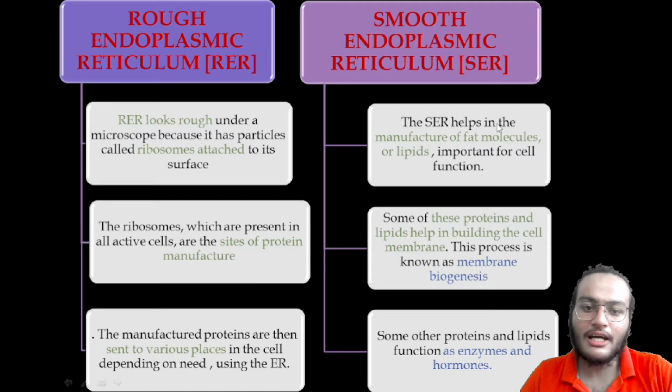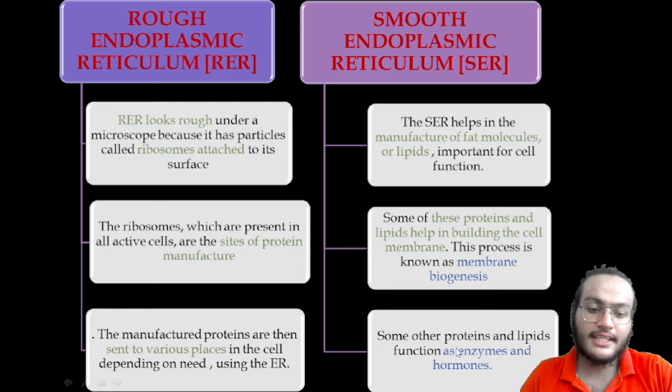Next, we will talk about smooth endoplasmic reticulum. The smooth endoplasmic reticulum is the site of manufacture of fat molecules or lipids. These are important for cell function, and some of these proteins and lipids help the cell build up its own membrane. This process is known as membrane biogenesis, manufacturing the cell's own membrane.